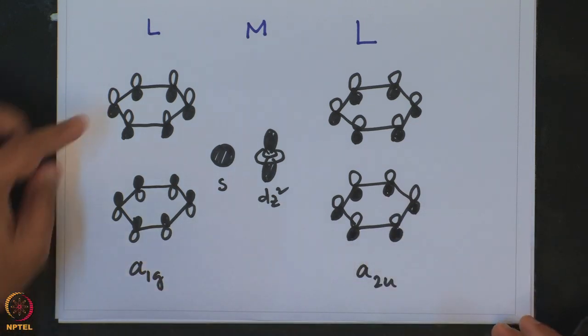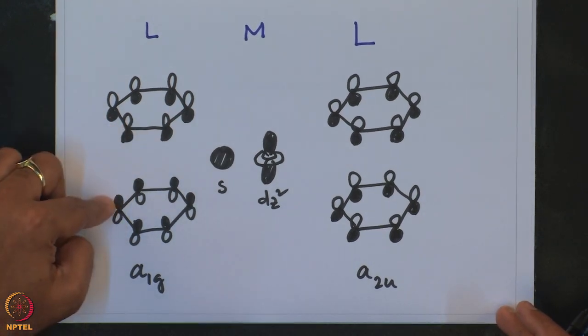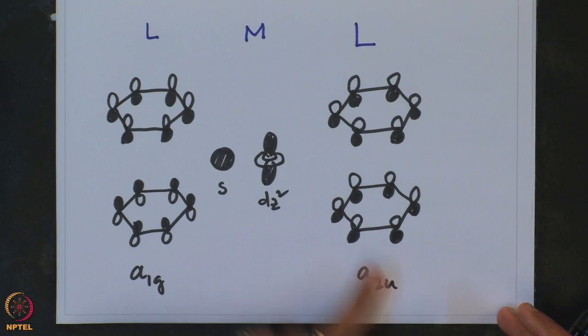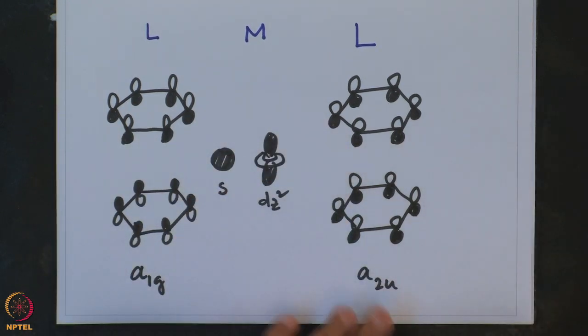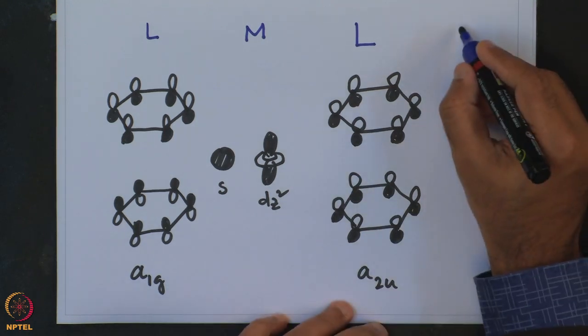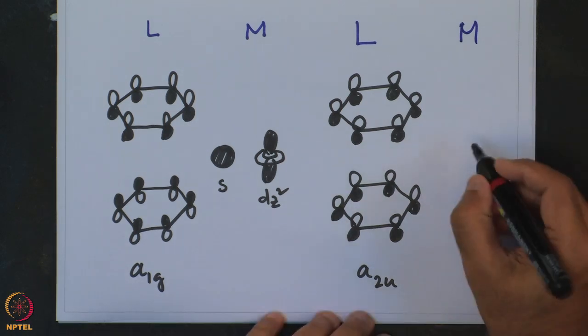So, in this alignment the dark shades are on the bottom and the top of the ring, but in the A2U alignment the dark shades are both at the bottom of the ring, and the corresponding metal orbital that would be interacting with it would be Pz.